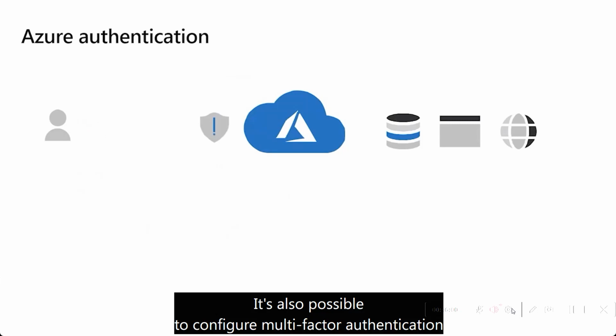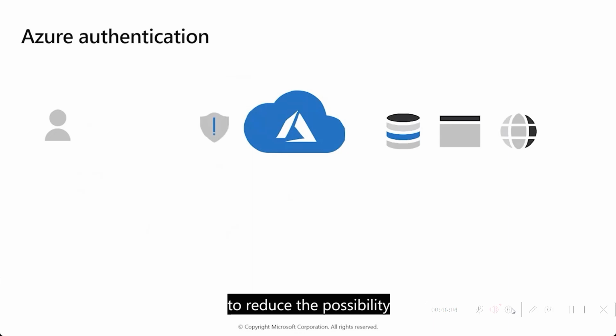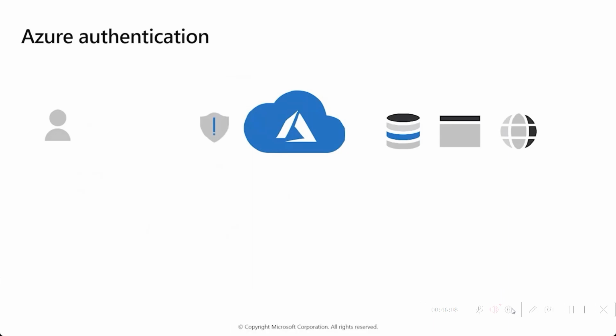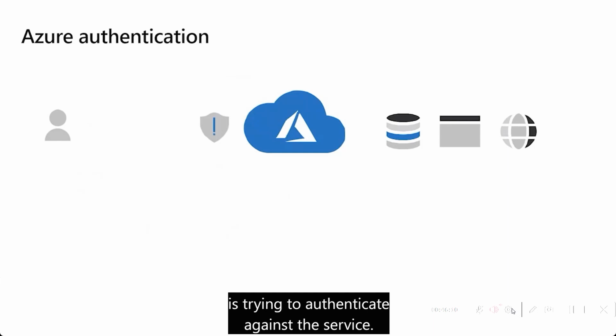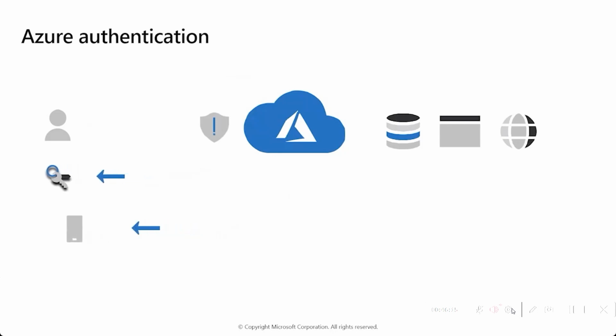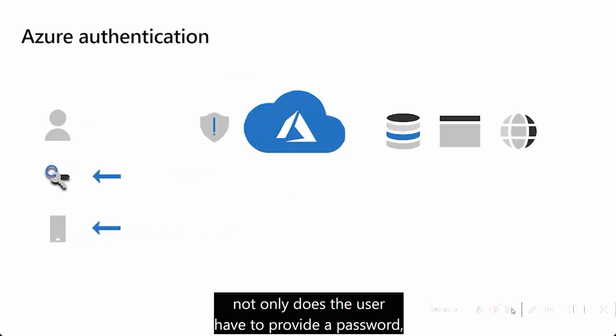It's also possible to configure multi-factor authentication to reduce the possibility that a fraudulent user with a stolen password is trying to authenticate against the service. For example, you could specify that not only does the user have to provide a password, but they also need to respond to a text or a phone message sent to their mobile device before authentication.